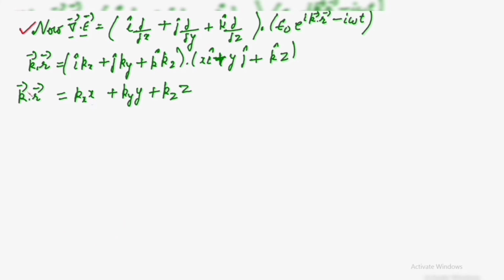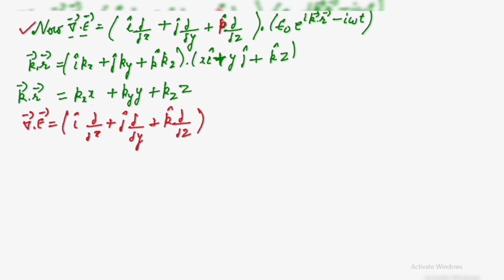So we get del vector dot E vector, which is equal to i cap del upon del x plus j cap del upon del y plus k cap del upon del z.